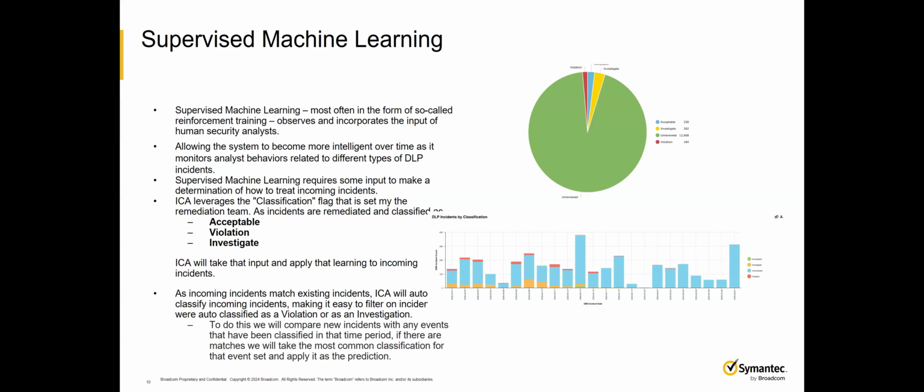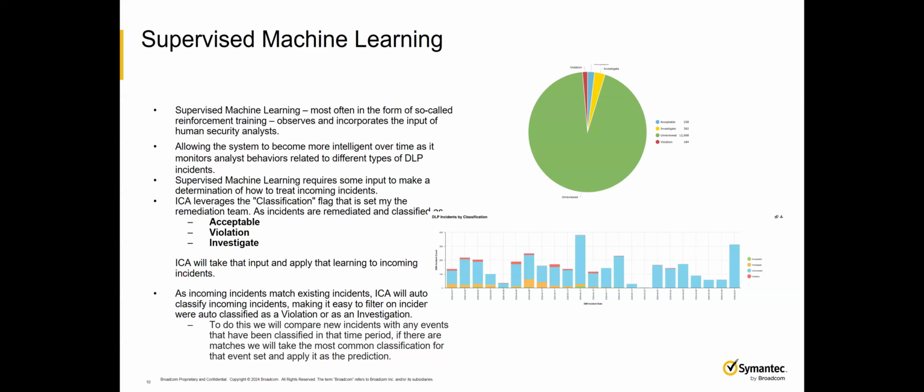So maybe ICA determined an incident as normal, and the analyst looking at it makes a decision. This is something where the classification will change.